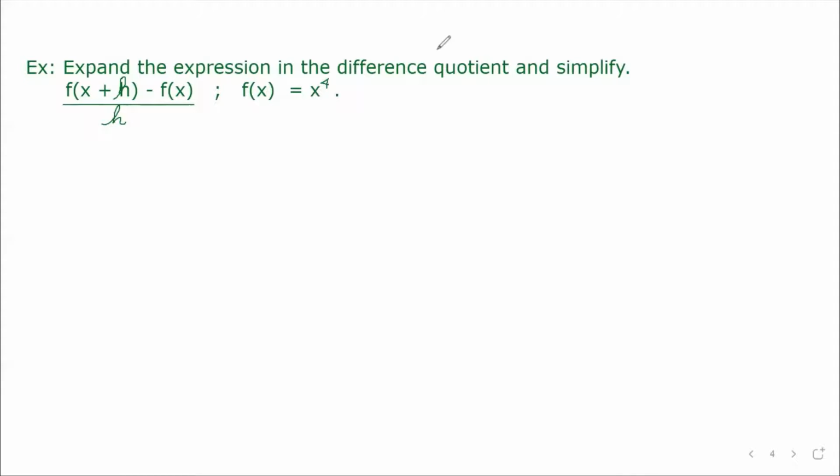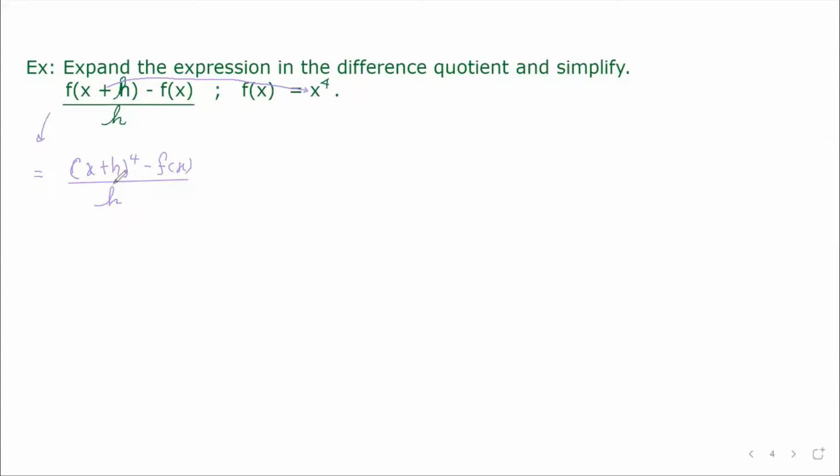So in this case, see this, because f(x) equals x power 4, right now for f(x+h) you just replace in there. So it becomes (x+h) the whole thing power 4, and then minus f(x), and then divided by h.